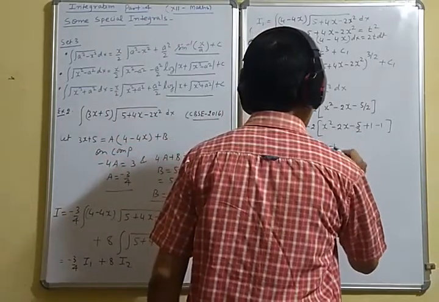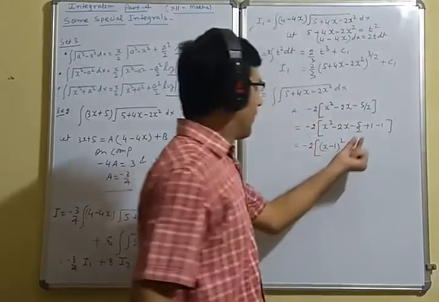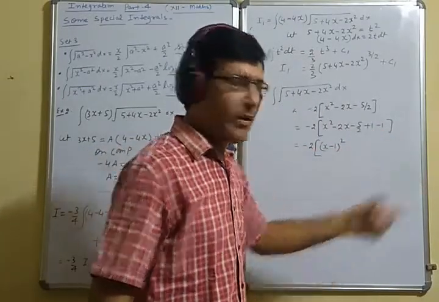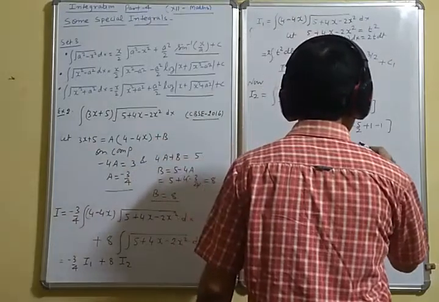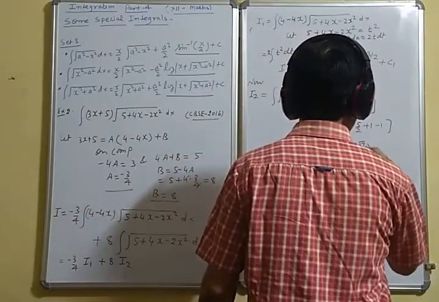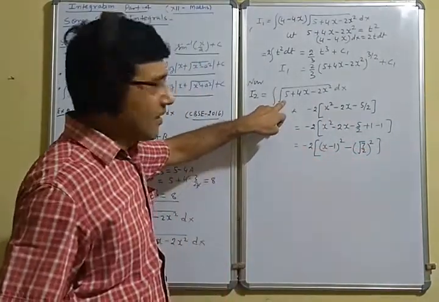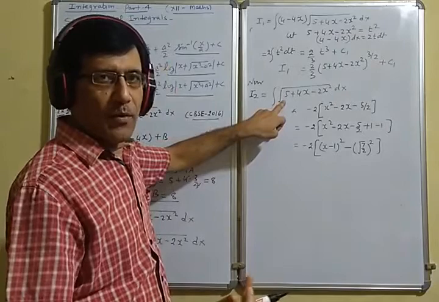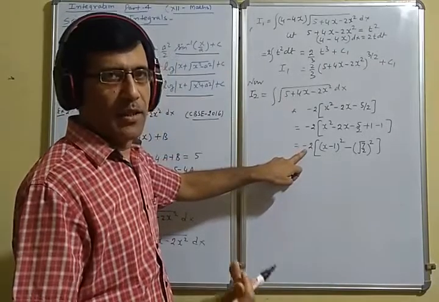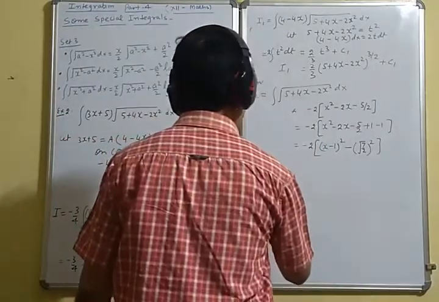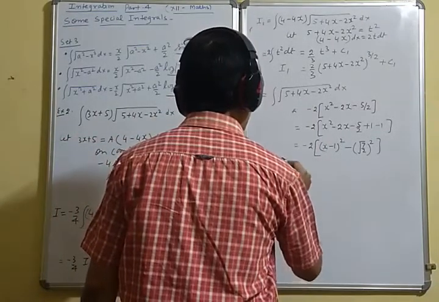So it becomes x minus 1 whole square, minus 5 by 2 minus 1. So that is minus 7 by 2. So that is minus root 7 by 2 whole square. So now since this is in square root, we can take only 2 outside square root, that is root 2, but negative we have to insert.